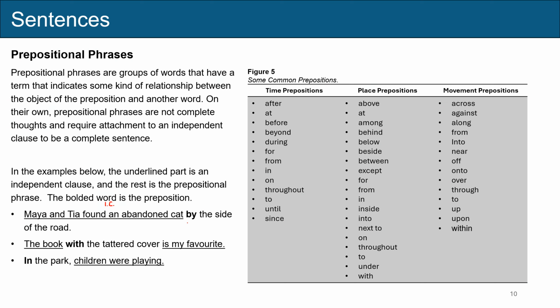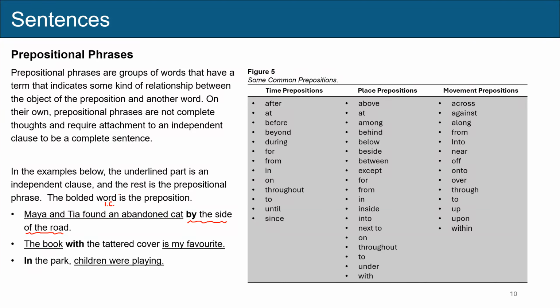But then we have this additional information, by the side of the road. Now, if I just had by the side of the road itself, it would not be a complete sentence. If I put the words by the side of the road on a piece of paper with nothing else there, you would be asking questions because by the side of the road, what?